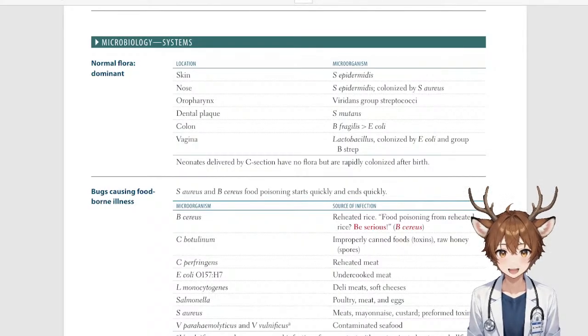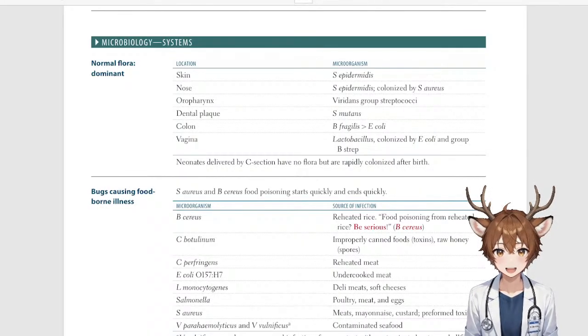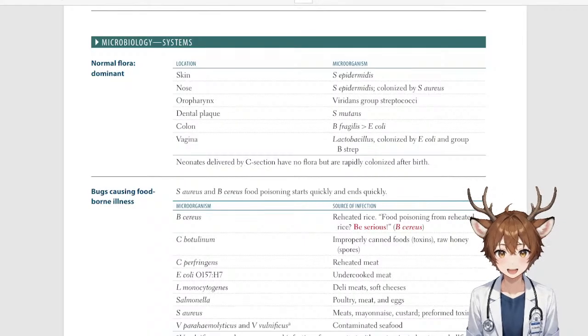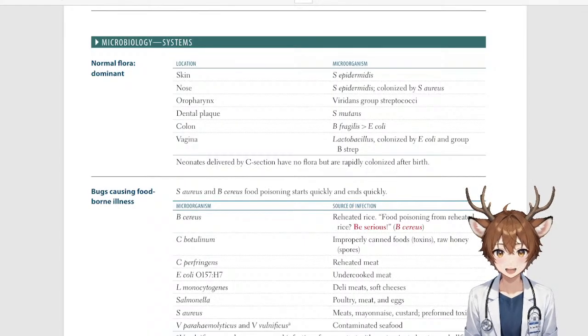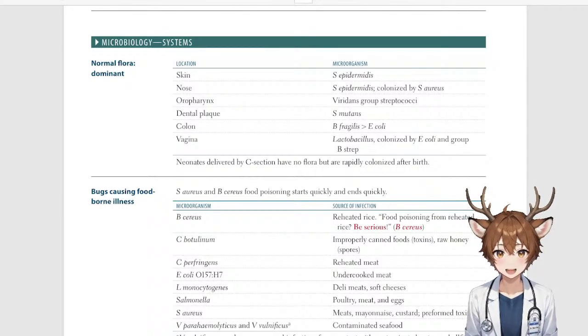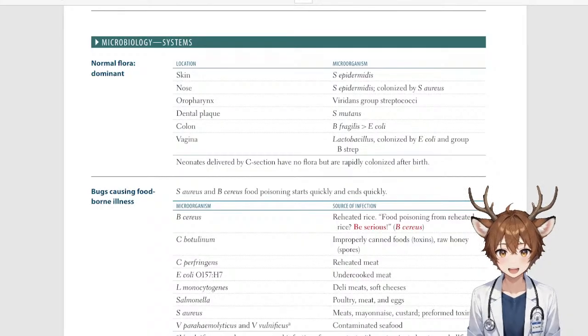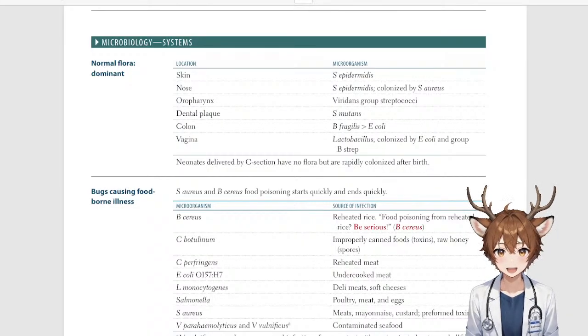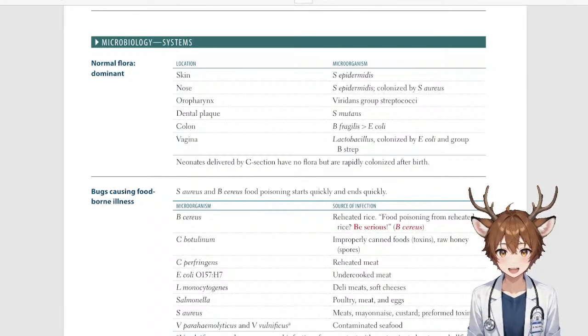The vagina, you're going to have lactobacillus colonized by E. coli and group B strep. So group B, by the way, is strep agalactiae. And agalactiae can cause a problem for the woman who's giving birth, because it can actually infect the neonate.